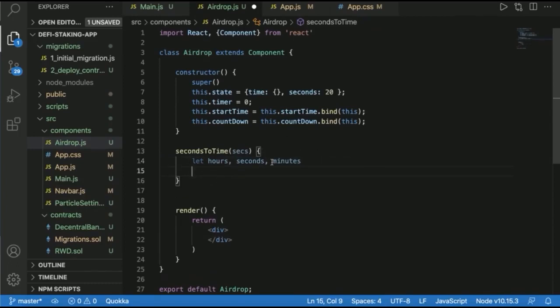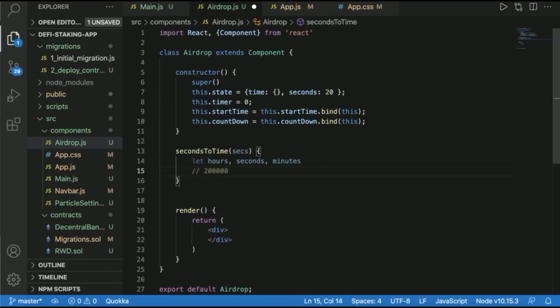So let's create the mathematic conversions so that we can convert, let's say, 20,000 seconds for the hours. How many hours should 20,000 seconds equal, right? So how do we even convert this? What should be the calculation? Let's say you had 20,000 seconds.